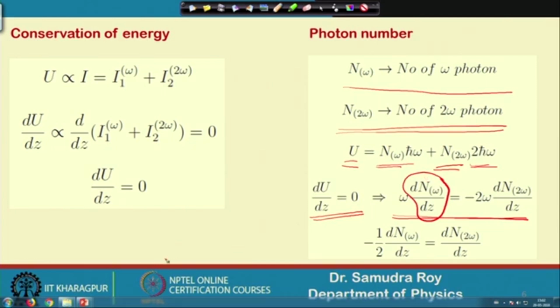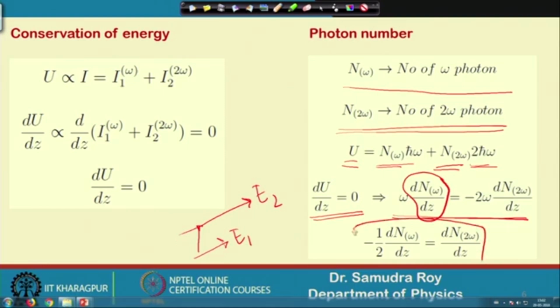Now, inside the system, the second harmonic waves are generated from the fundamental wave. If this is E1, E2 is generating, which means the number of photons is not conserved. Initially the number of photons of E2 may be less, but gradually it is gaining energy through the photon number. So, the number of photons may not be the same, and that is why there is an evolution of the number of photons also.